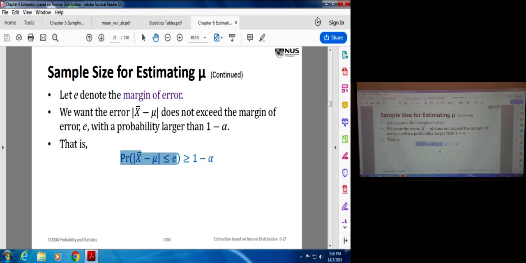You choose an E. Now I want the probability that my error is less than E to be at least 1 minus alpha. This is confusing, so forget about the earlier statement. I choose a little e, I want that to be my error, and I want the probability that this error is less than or equal to e to be at least 1 minus alpha.